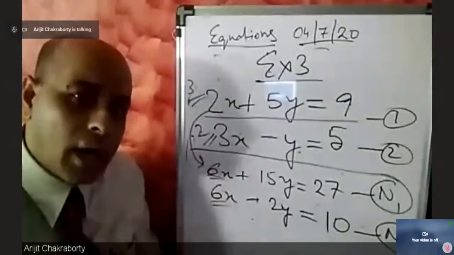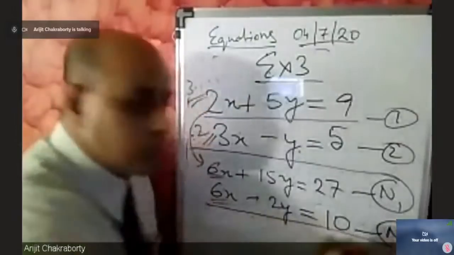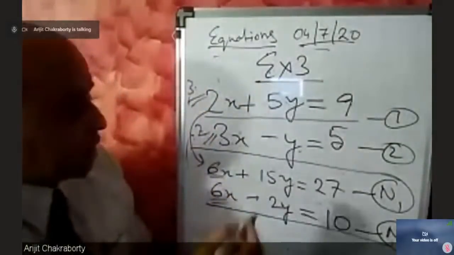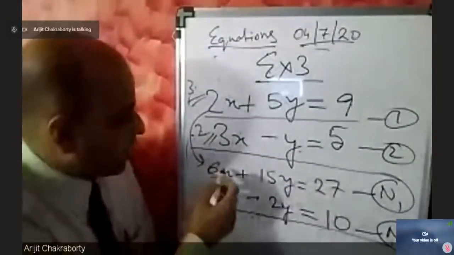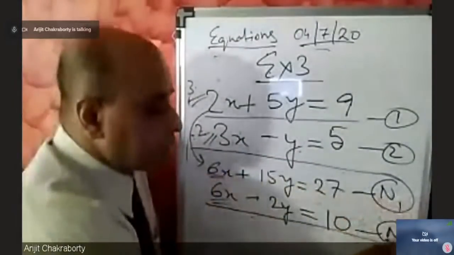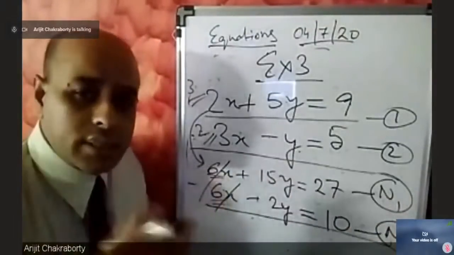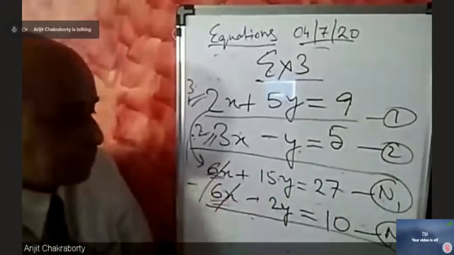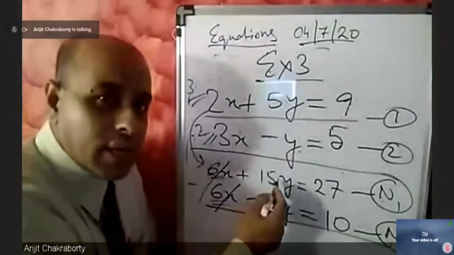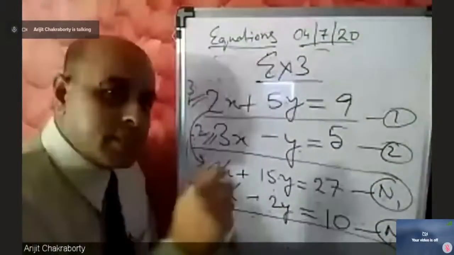And now what happens is, once we have these two equations, very easy, if you just subtract equation number 2 from 1, 6x is gone, is cancelled out. So you are having 15y and 2y. So we are subtracting 2 from 1. So 6x minus 6x is 0.